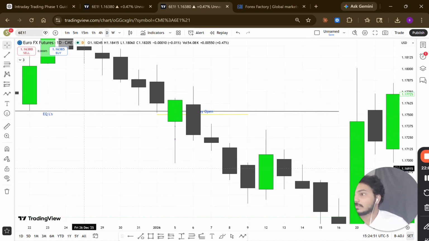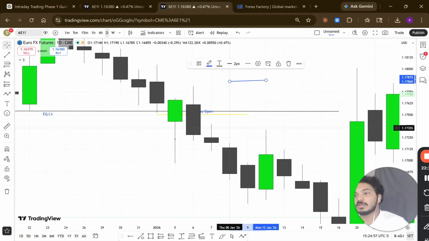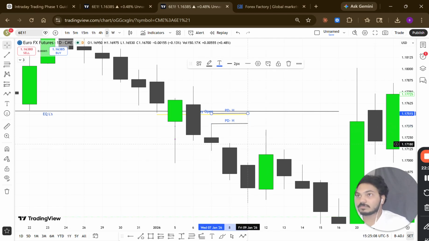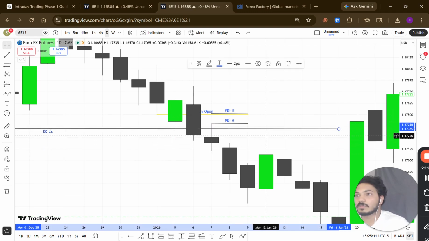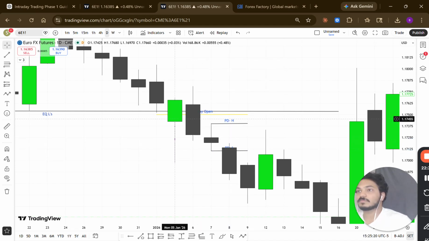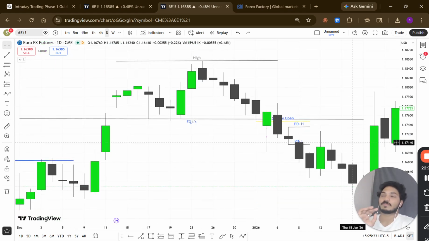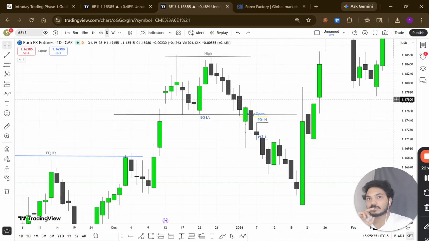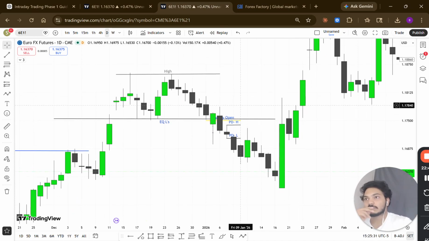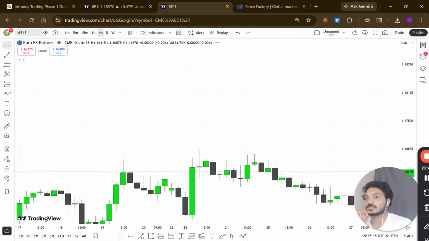So let's start with the trend line, previous day high, which is the 7th, and previous day low. This is a strong downward candle. So let's drop to 4-hour.